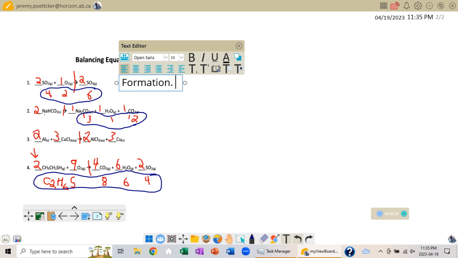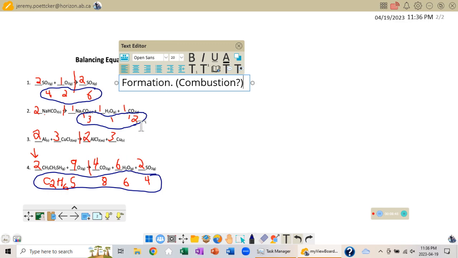Now, I'll be honest with you, I would not be able to mark you wrong if you told me that this is combustion. It is possible that this is combustion as well, right? I'm combining something with oxygen. So if you wrote down that this was combustion, I couldn't mark it wrong. If you said hydrocarbon combustion, then I would, because there's no hydrogen or carbon there, but it is combustion.